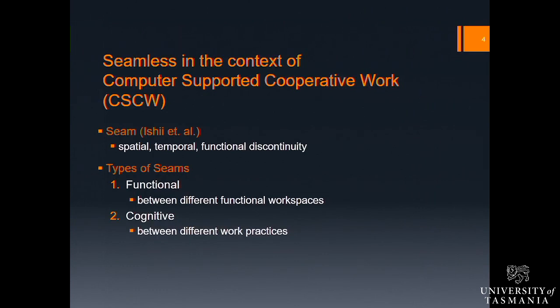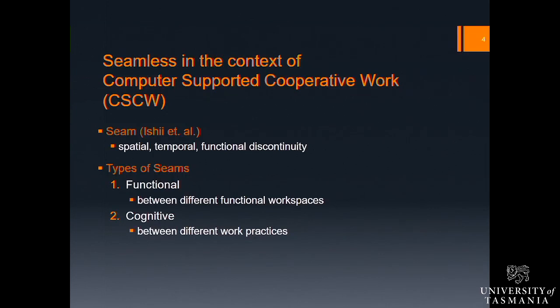The term is seam. You might have heard the counterpart, seamless: seamless interaction, seamless interface, and those kinds of things. A seam is defined as a spatial, temporal, and functional discontinuity. It is a kind of break, where you can see the difference between continuing and discontinuing.